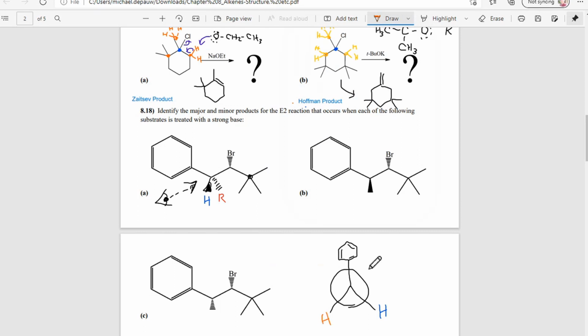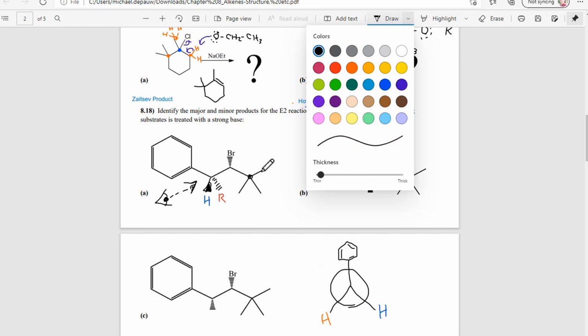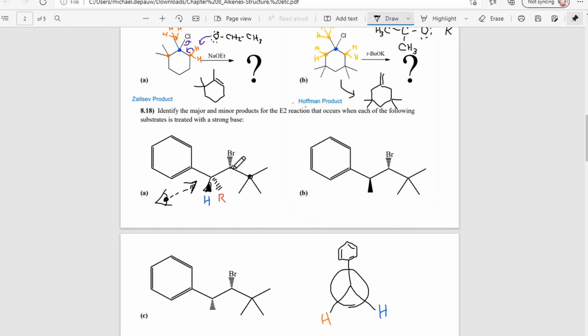Mm-hmm. So then if I look at the back, I know this Newman projection is just awful. The back one, there's an assumed hydrogen here, right? Mm-hmm. So looking at that back carbon, the thing that's on the bottom is that tert-butyl group. Yep. And the thing that's on the right is that hydrogen.